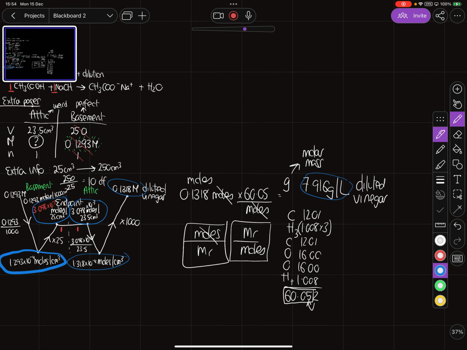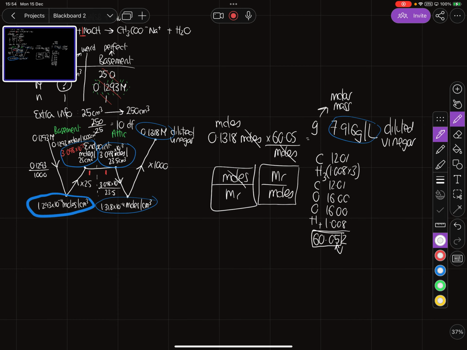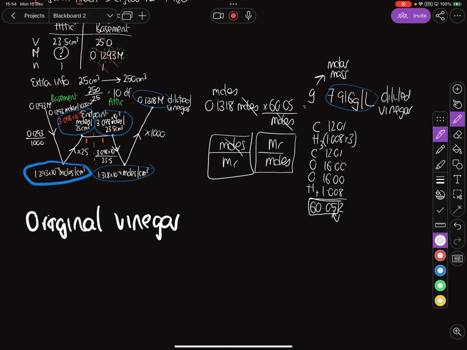But because now we have done the dilution, there's going to be a question somewhere where it's going to ask you for any one of those blue boxes for the original vinegar. And all you are doing is you're multiplying that particular answer by the dilution factor, which we worked out at the very, very beginning.